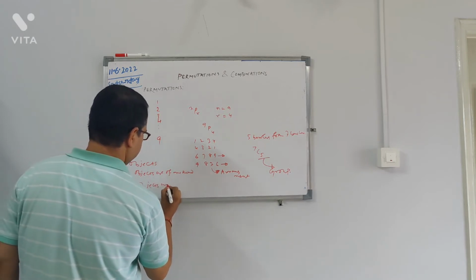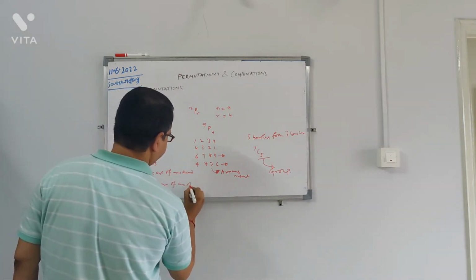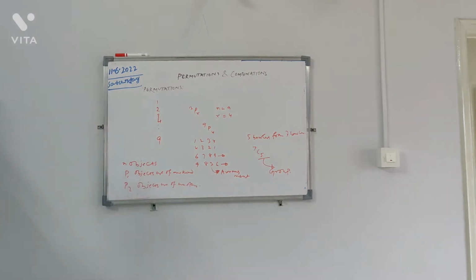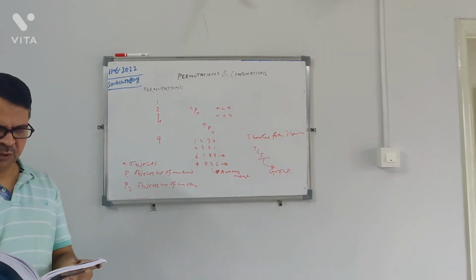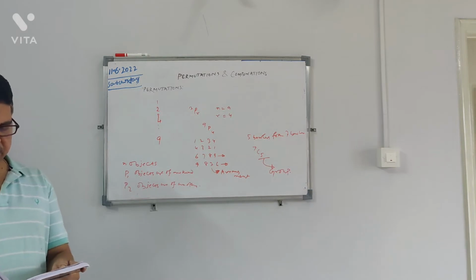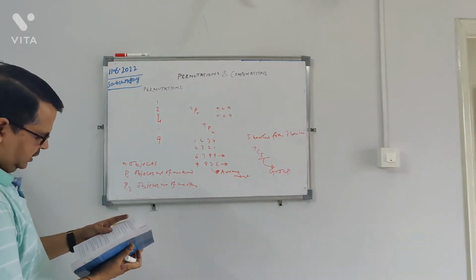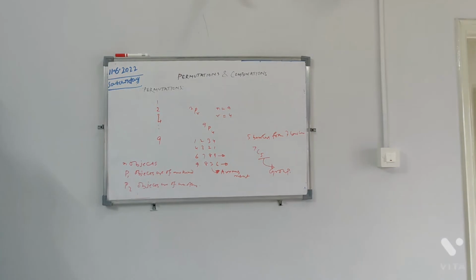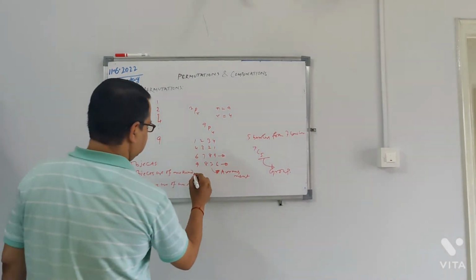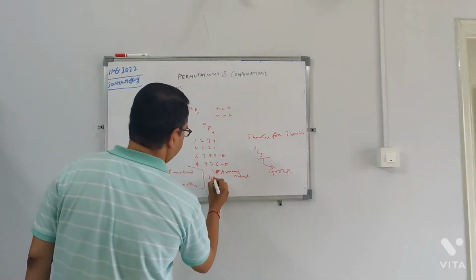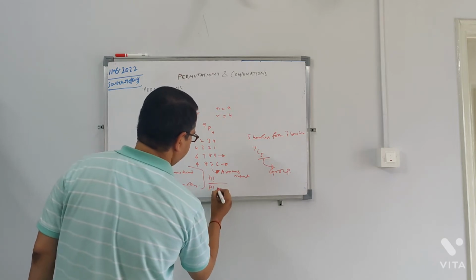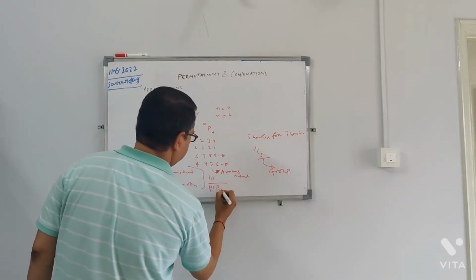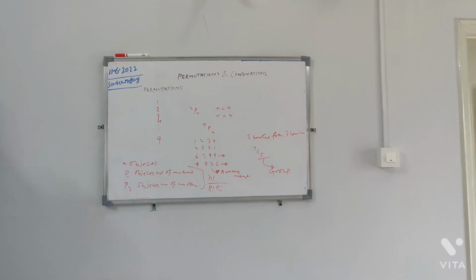In that case, what will be the permutation? These p1 and p2 are repetitions. The answer will be n factorial divided by p1 factorial into p2 factorial. If there is repetition, you have to divide.